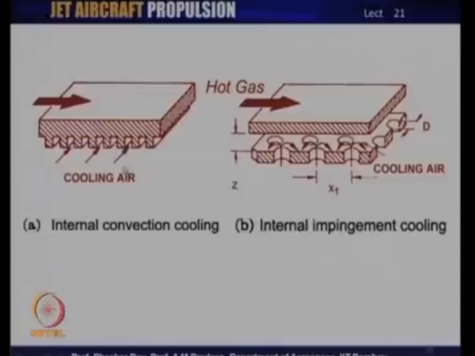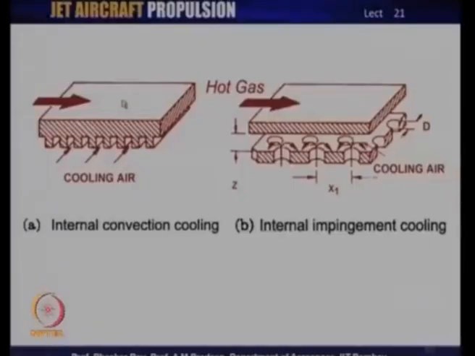Through the ribs, if you pass cooling air, what the cooling air does is, when a hot gas passes over this plate and continuously heats it up, the cooling air passing through these ribs, what we call internal convection cooling, is continuously cooling the inner surface of this plate.